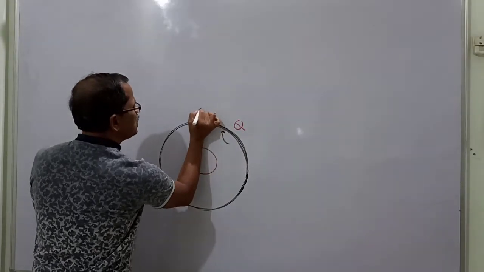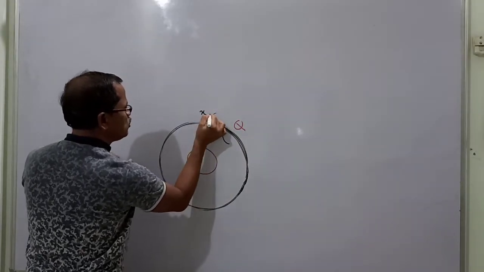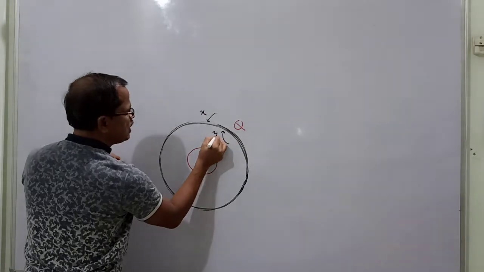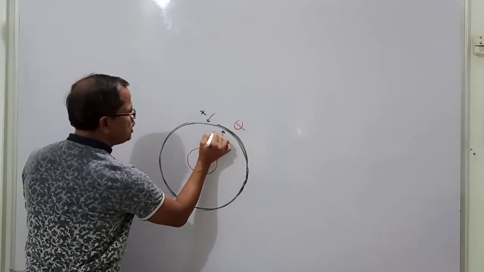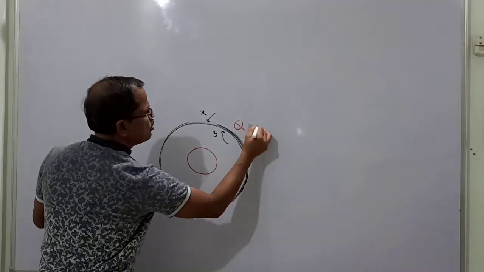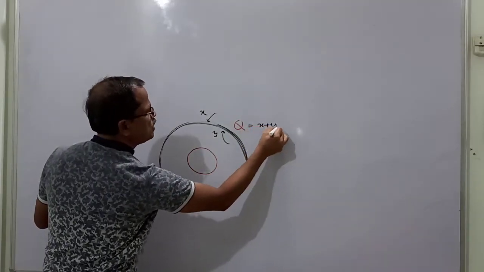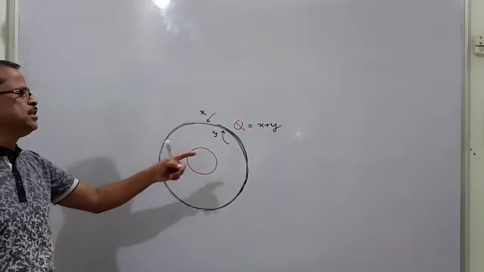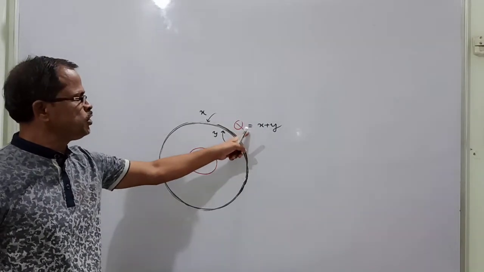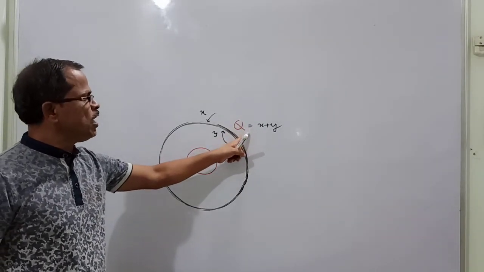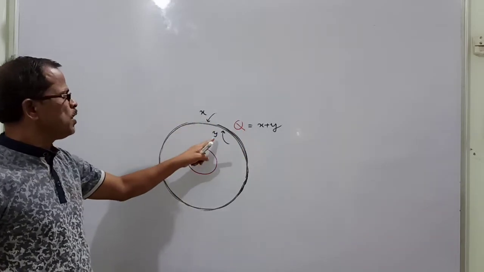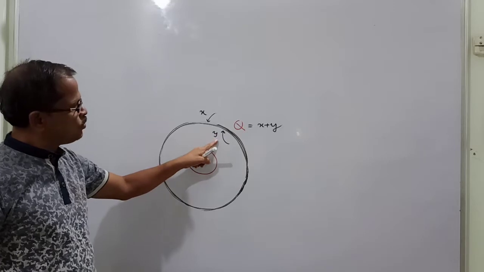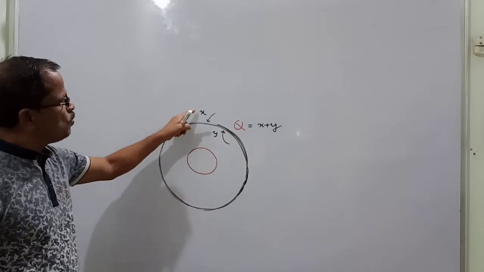Let x charge be on the outer surface and y charge be on the inner surface. So the total charge q is x plus y. Total charge given to the outer sphere is q. Out of it, x is the charge remaining on the outer surface of the outer sphere, and y is the charge on the inner surface of the outer sphere. What is x plus y?